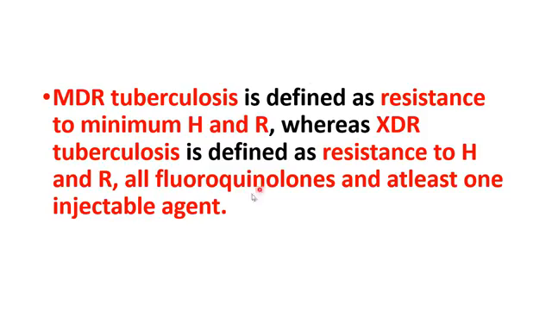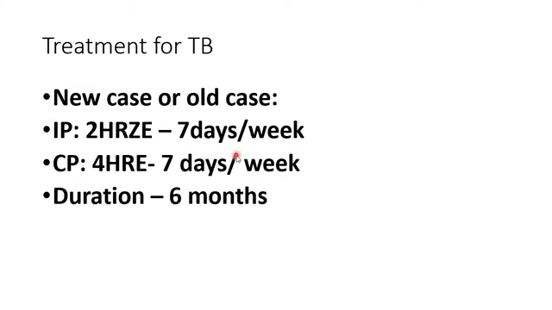Among the fluoroquinolone agents, we have ofloxacin, levofloxacin, and moxifloxacin. So if they are resistant to that, and at least one injectable agent. So what injectable agents are we using? Capreomycin, amikacin, and kanamycin. So any one injectable agent. So coming to the definition, if it is resistant to at minimum isoniazid and rifampicin, it is called MDR-TB. And if it is resistant to both of them, all fluoroquinolone agents, and at least one injectable agent, that is called XDR tuberculosis, which is more dangerous compared to MDR.